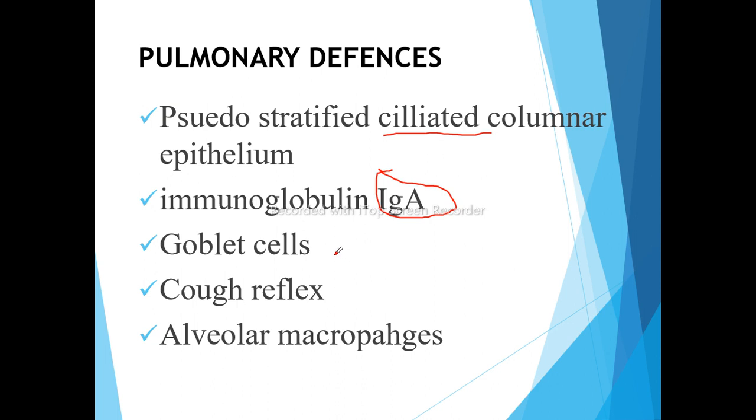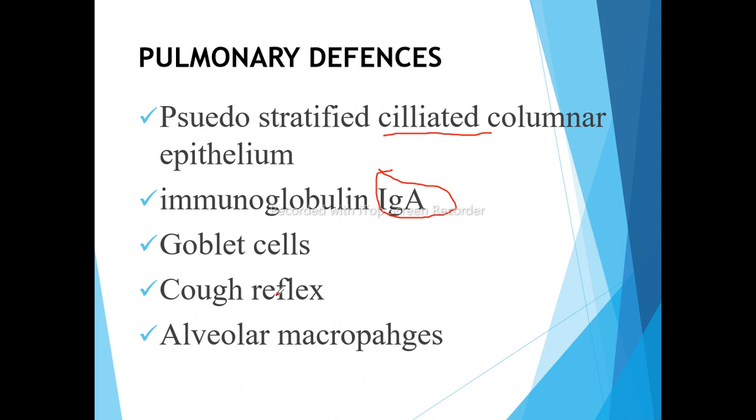Whenever there's a foreign substance or a microorganism, it will be prevented from settling in the lower respiratory tract, as it may stick to mucus, which the cilia beat upward in order to get rid of the extra mucus as well as the microorganism. Then we also have the cough reflex. Whenever any foreign substance enters, there's a reflex action that occurs.